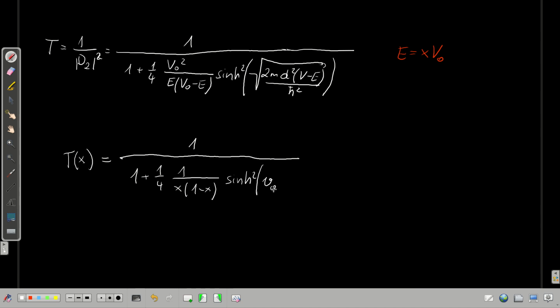So now I define here also small v naught. Before I end it, v naught equals the square root of 2md v naught over h bar squared, and here the square root of 1 minus x.